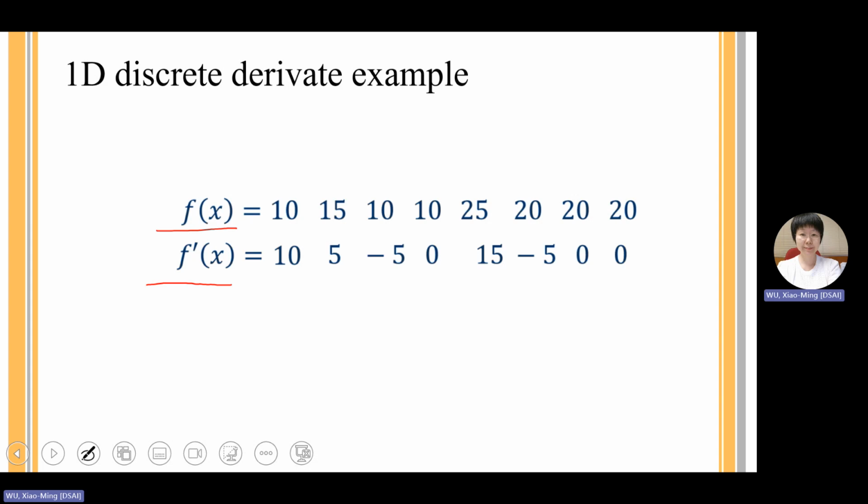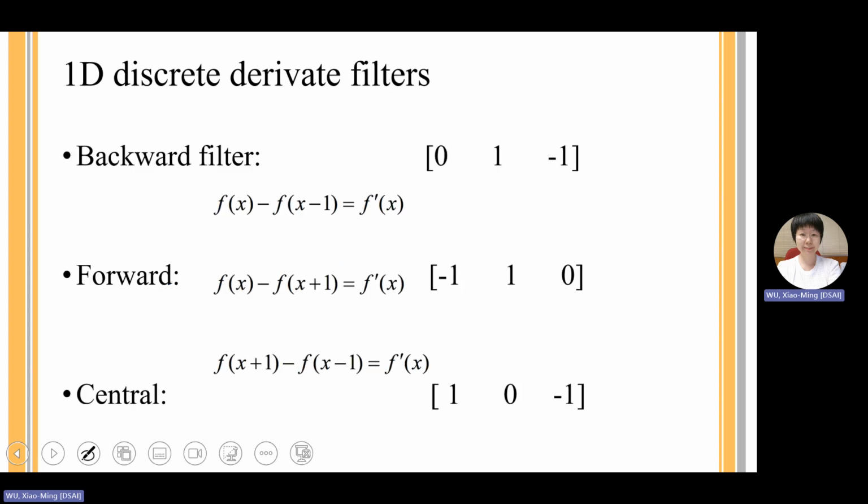Can you tell how the first order derivative is computed using the forward filter, backward filter, or central filter? How is the derivative of f(x) computed?